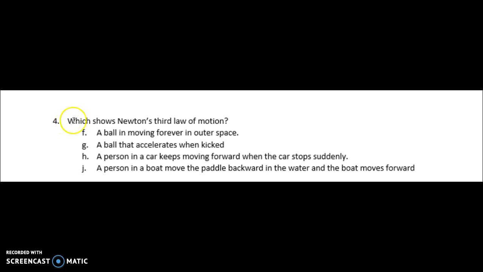Number 4. Which shows Newton's third law of motion? A ball is moving forever in outer space. Keeps going and going. G. A ball that accelerates when kicked.